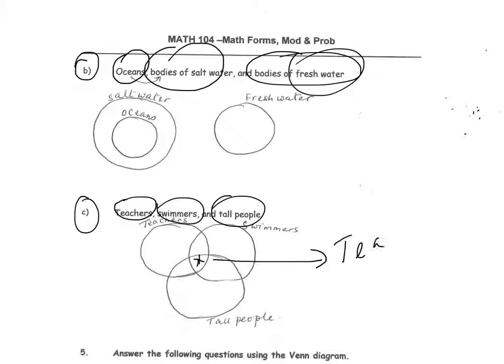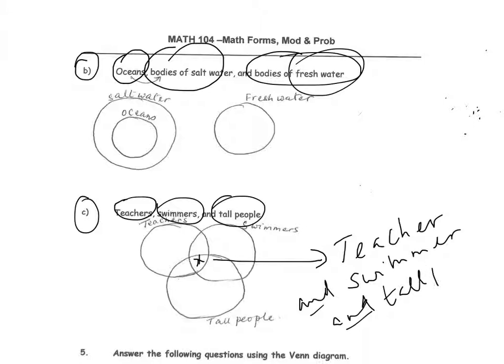This person is a teacher, also a swimmer. So we use the word and, a swimmer, and a tall person. So it's a set of three circles all overlapping with one another.